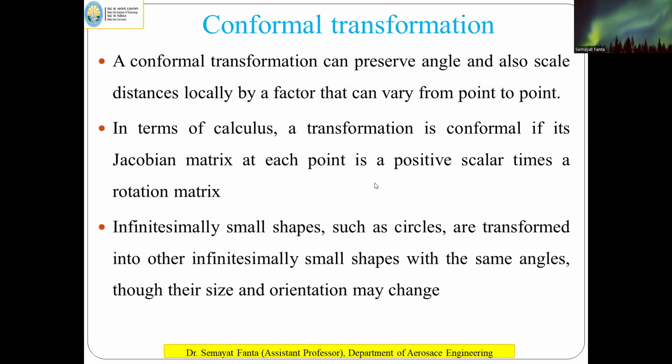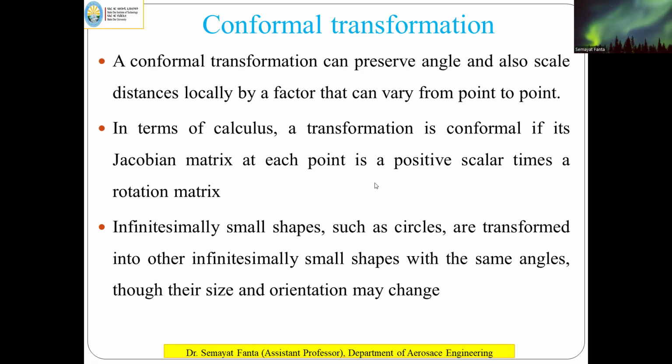A conformal mapping can preserve angle and also scale distance locally by a factor that can vary from point to point. In terms of calculus, the transformation is conformal if its Jacobian matrix at each point is a positive scalar times a rotation matrix. Infinitesimally small shapes, such as circles, are transformed into other infinitesimally small shapes like ellipses.